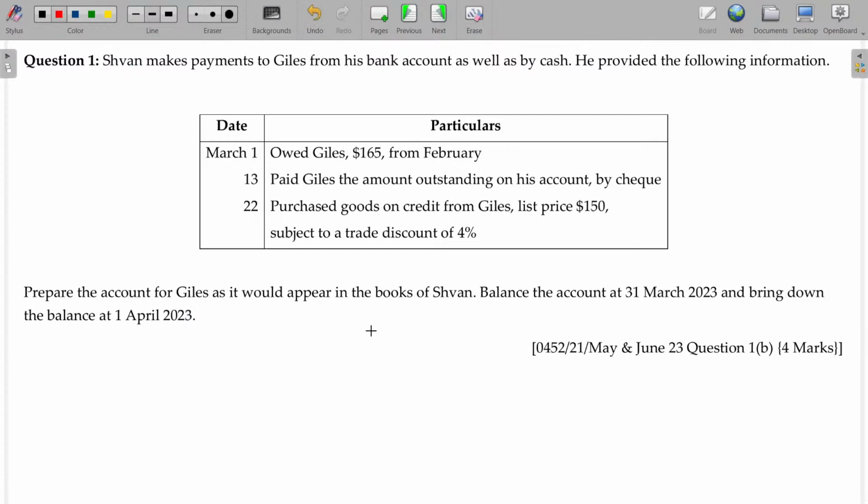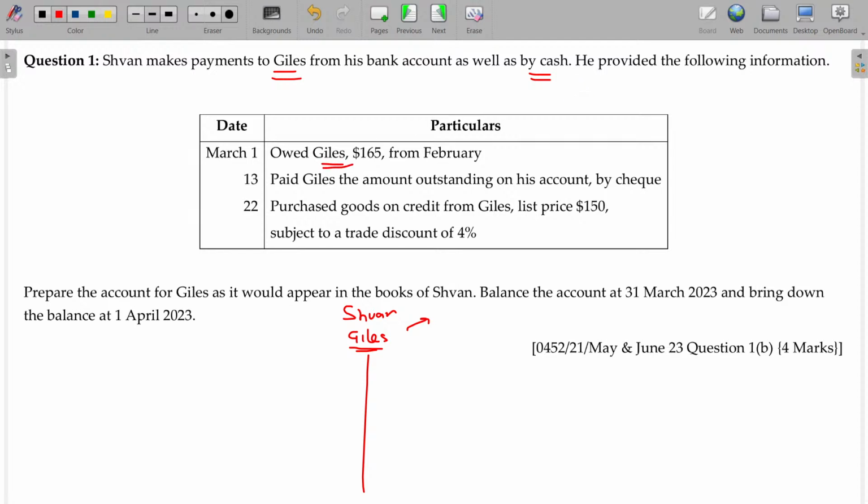So, prepare the account of Gillies in the books of Shivan. Shivan makes payment to Gillies from his bank account as well as by cash. He provided the following information.